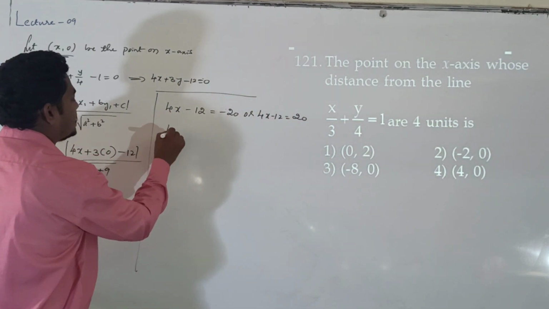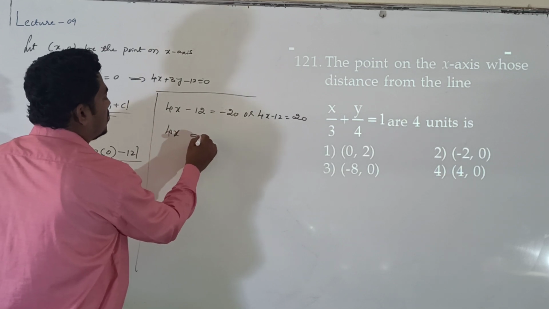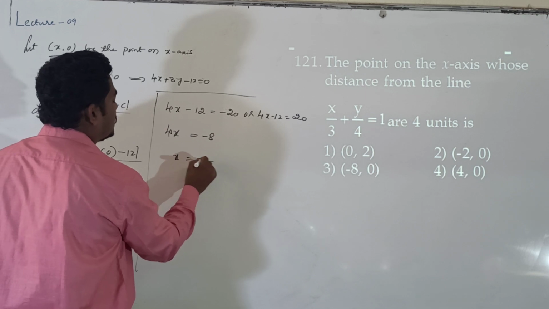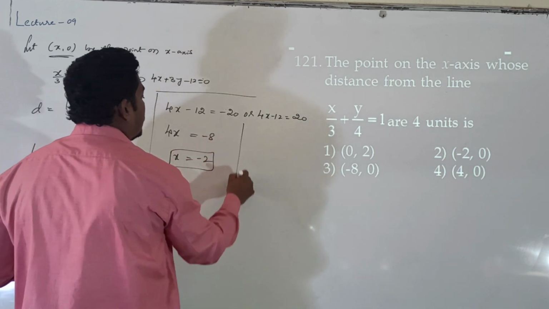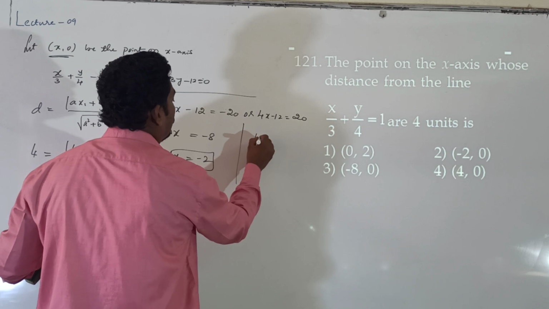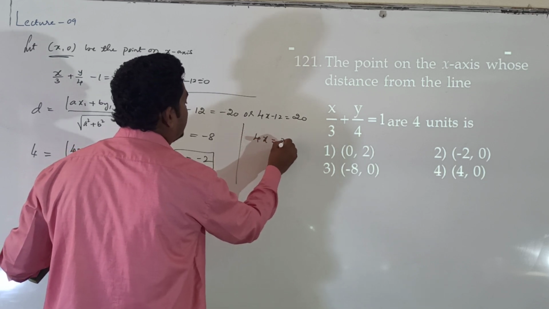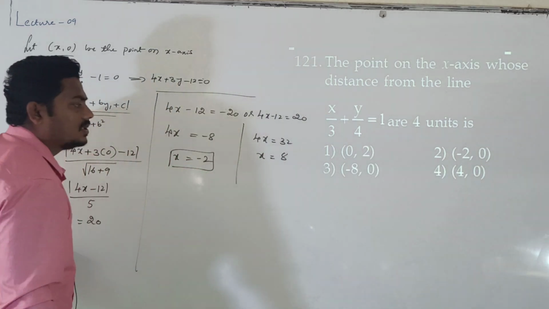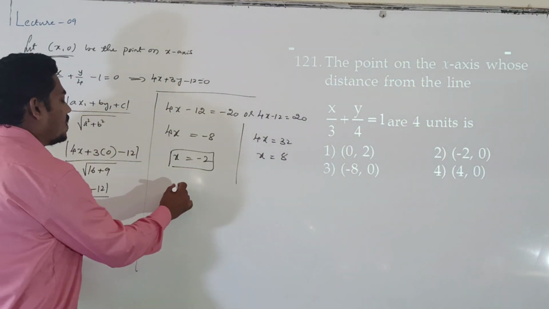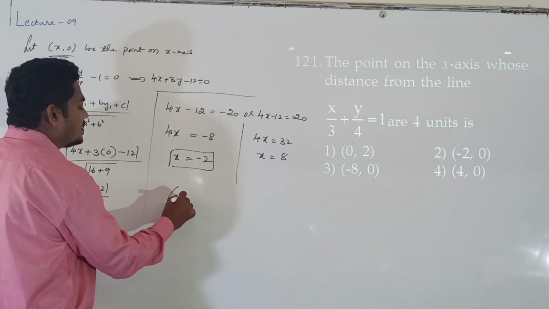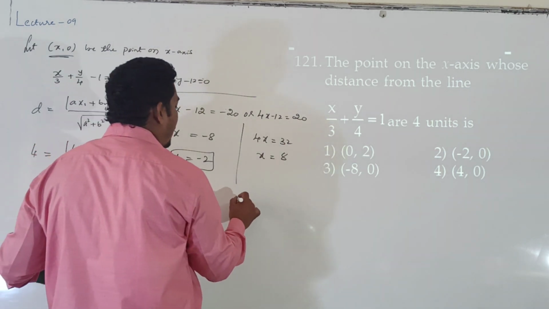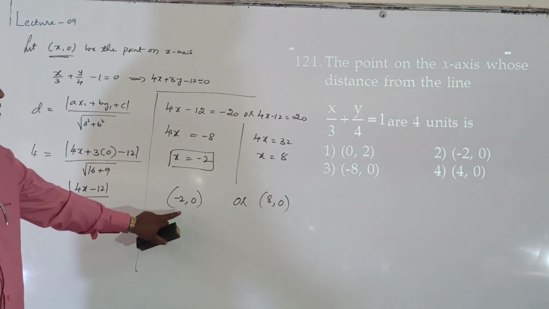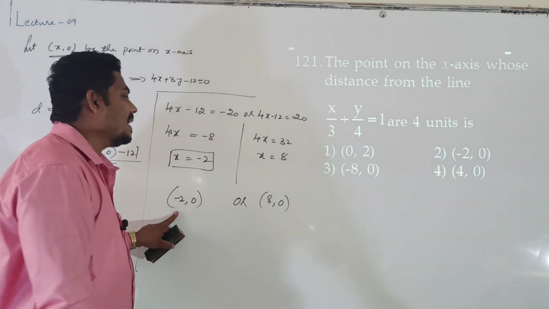There are two possibilities. 4x equal to minus 8, then x equal to minus 2. Other possibility, 4x equal to 32, send it to the RHS, then x equal to 8. Means our required points are x comma 0, that is minus 2 comma 0 or 8 comma 0.